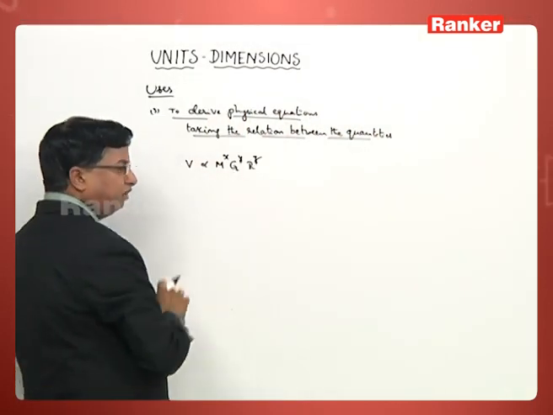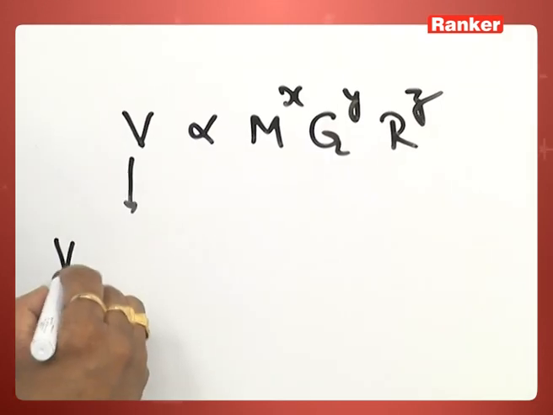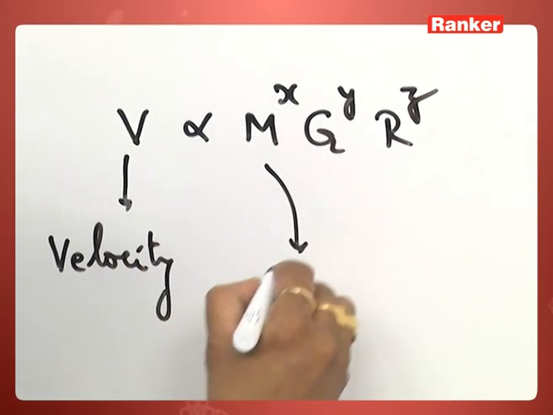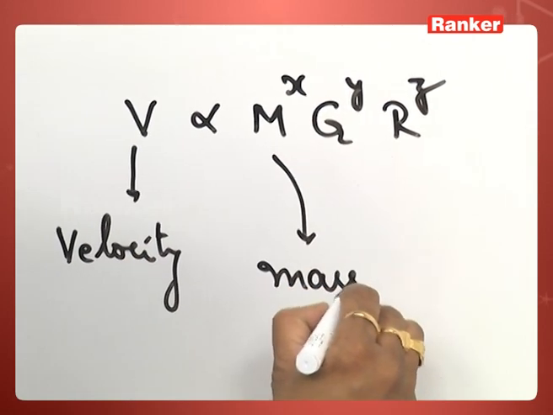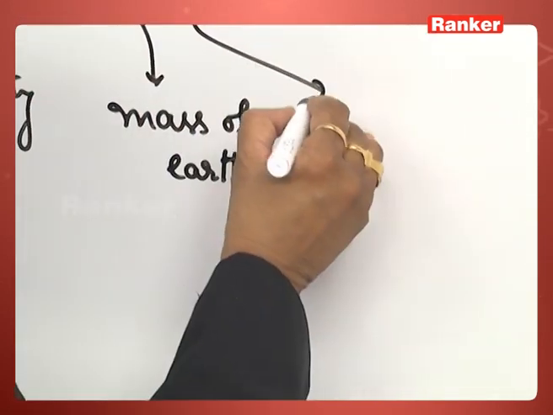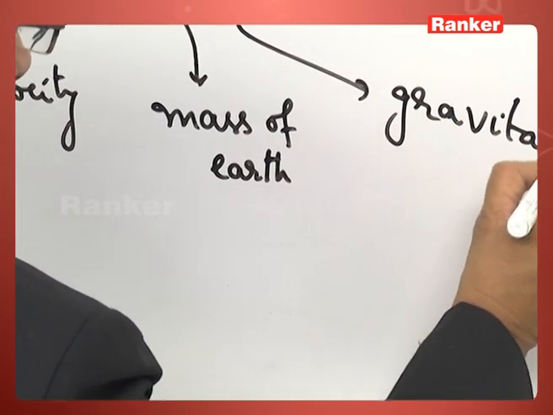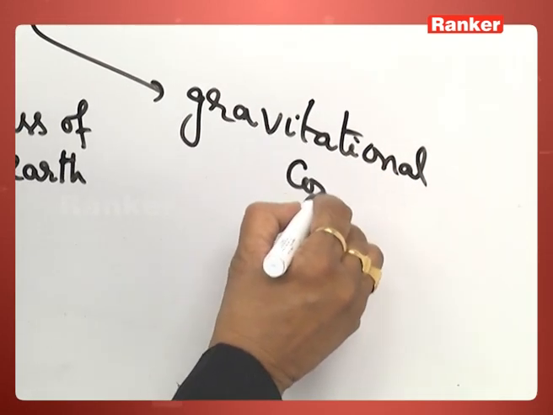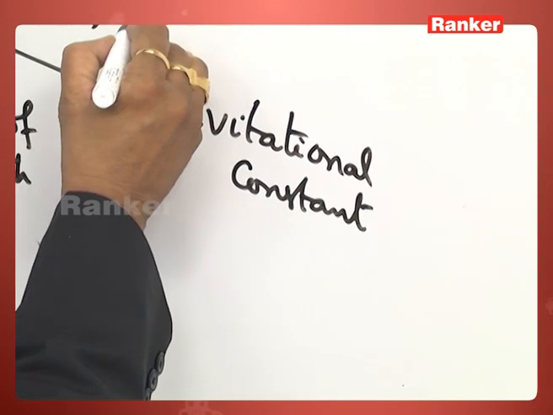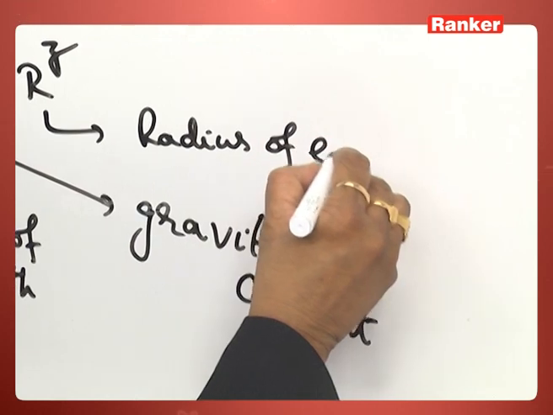There is an equation given this way, and it has been mentioned that V is velocity, m is mass of earth, and g is the gravitational constant, also called the universal gravitational constant, and r is the radius of earth.